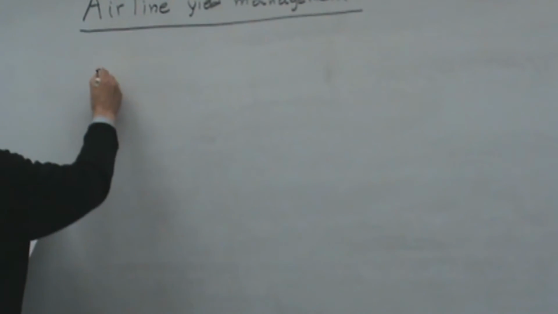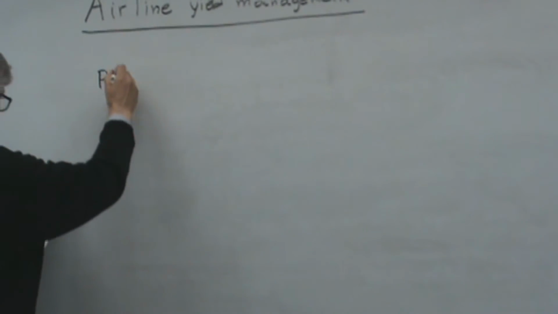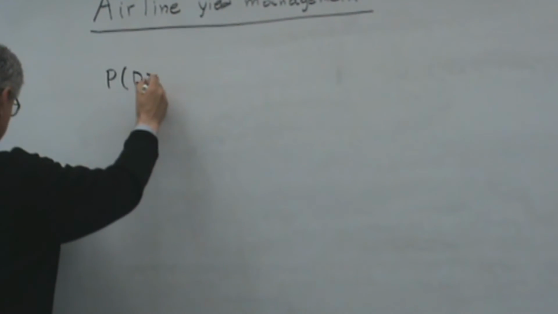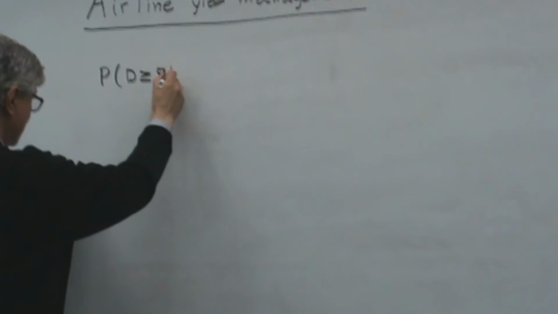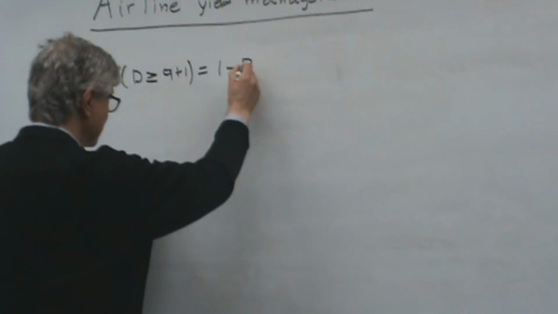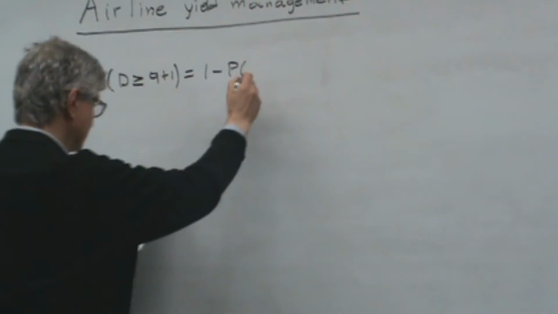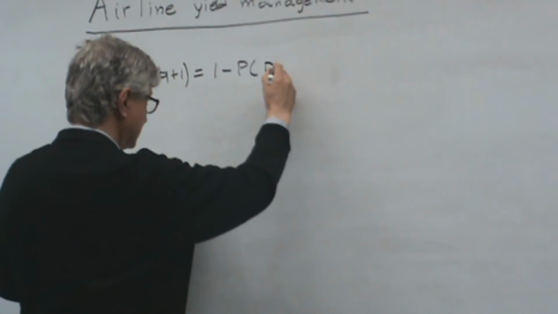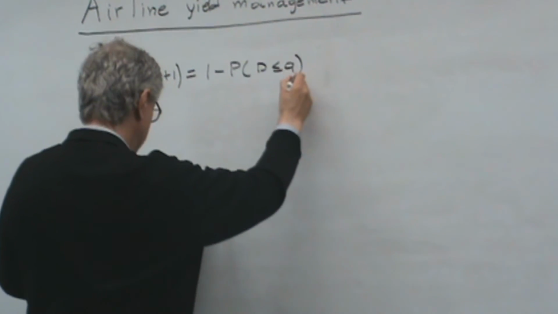So the probability that the demand will be greater than or equal to Q plus 1 is equal to 1 minus the probability of demand being less than or equal to Q.